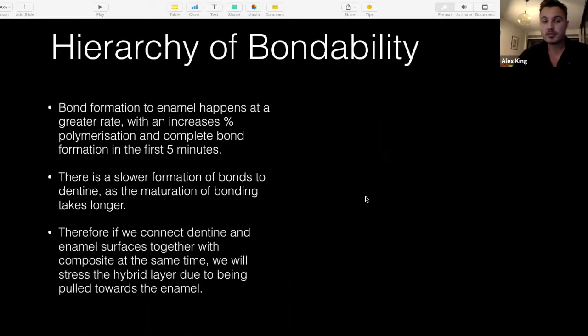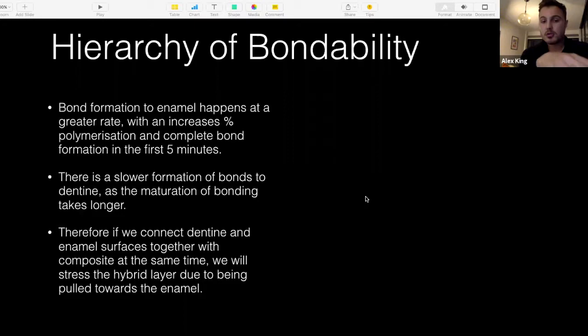So like I just said, bond formation to enamel happens at a greater rate with an increased percentage polymerization and complete bond strength formation in the first 5 minutes. If you bond to enamel in 5 minutes and check the bond strength in lab, it will be 30 megapascals. If you check it an hour later, it's still 30 megapascals.